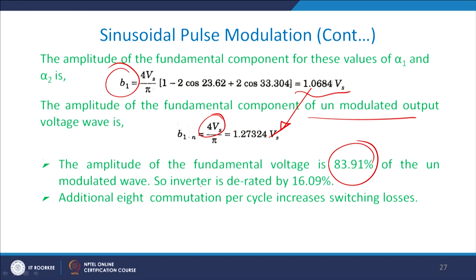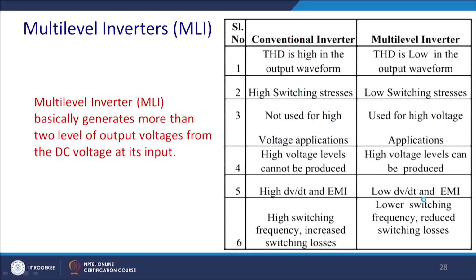So, the inverter is derated by 16% if you wish to use this sinusoidal PWM with selective harmonic elimination. The additional computation per cycle also increases due to the switching losses. So, these are the few takeaways from the multi pulse sine wave inverter.